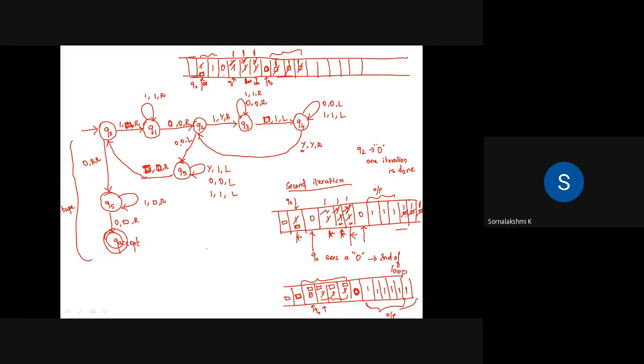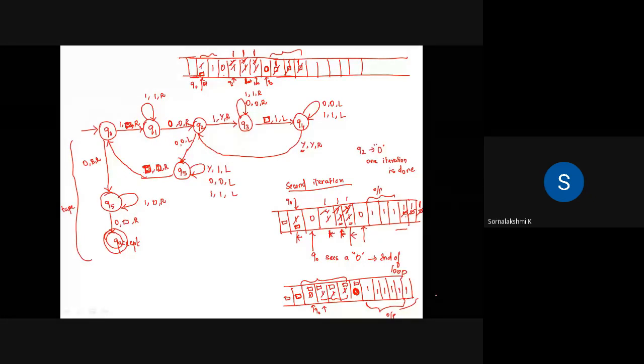That means I can cancel all this and make my tape ready. So finally, when it sees a 0, I can cancel this also. My tape will be all blanks and only the output at the end. When it's at the Q accept state, all blanks and only the 6 ones output will be there.